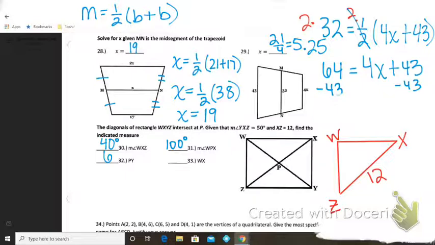We know that we're looking for WX, so if you wanted to mark that with a question mark or a variable, I'm going to mark it with A. Why not? Just an A. All right, the angle at W, since I don't have that diagonal drawn in, is a 90-degree angle here. And this little angle up here, WXZ, we already found that that angle was 40 degrees.